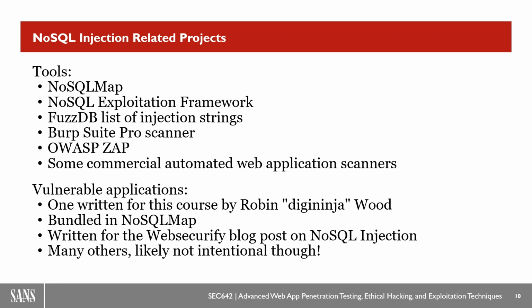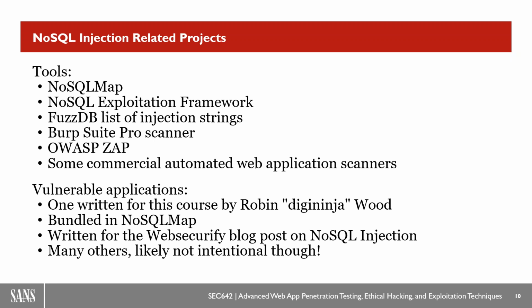Now, when I wrote these slides, I was also searching for applications that are vulnerable because I wanted to have an example. One of which is written for this course by my friend DigiNinja, also known as Robin Wood. Robin lives in England, I believe Northern England, and I had barely met him online when he agreed to write this application for this course.